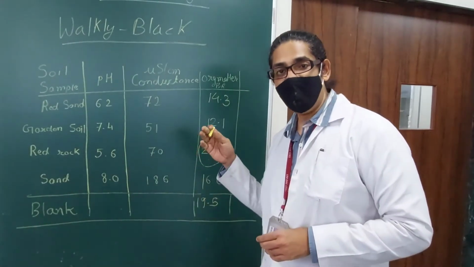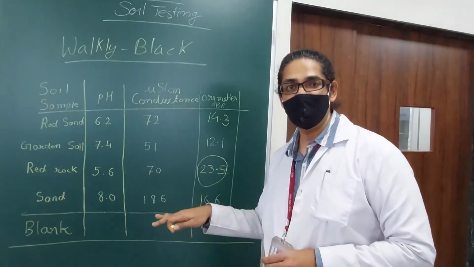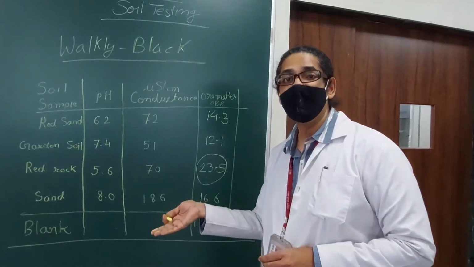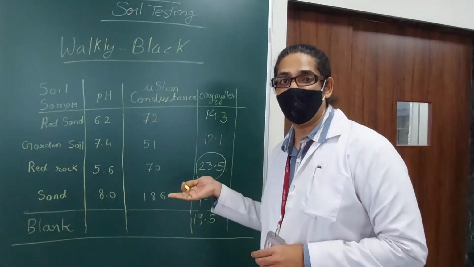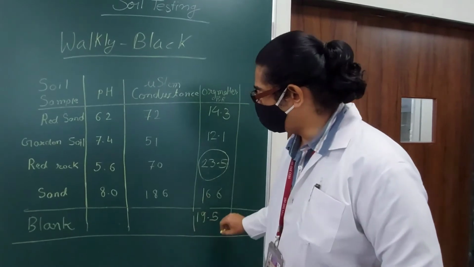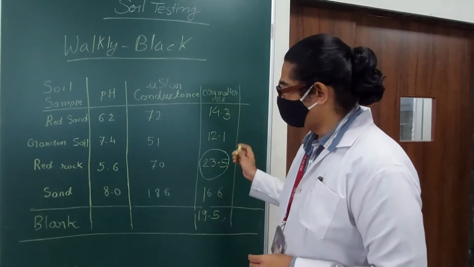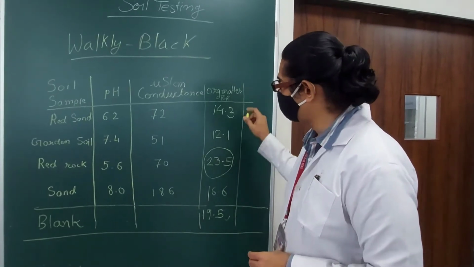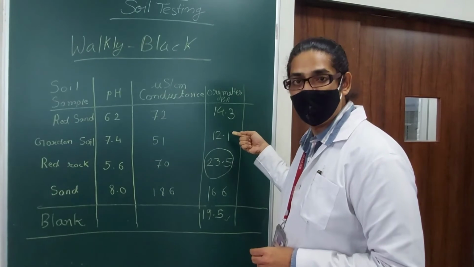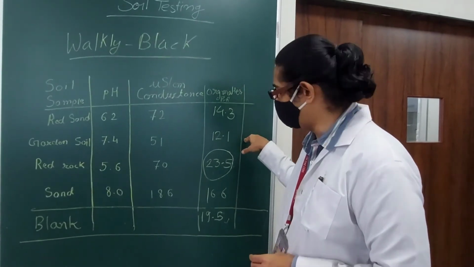Are we having some oxidizing agent already in the soil in addition to the dichromate? This is what needs to be thought about. You can see very well our blank is 19.5 milliliters. Now the concept is, the more the organic content, the more the dichromate will be used up, and the lesser will be the volume of ferrous sulfate which will be required.